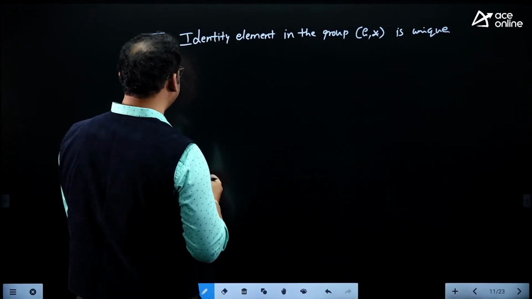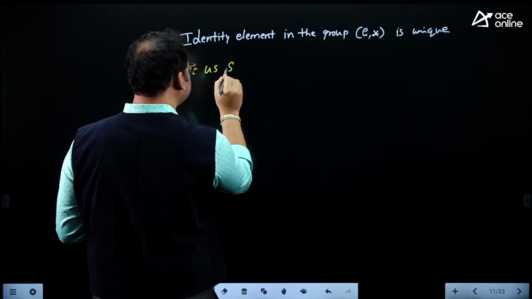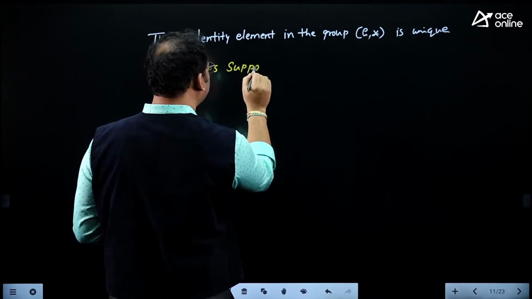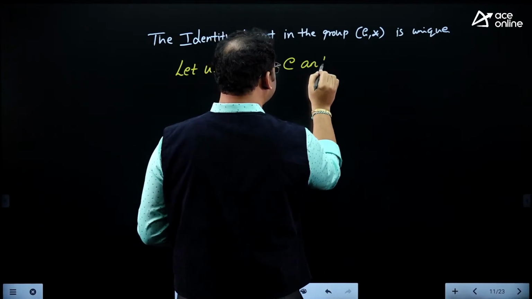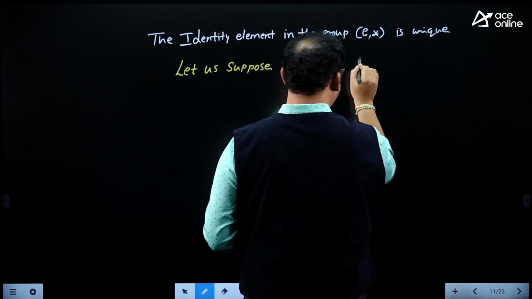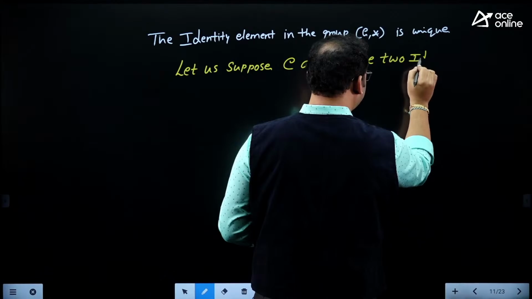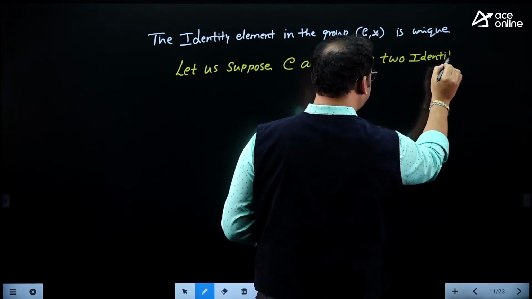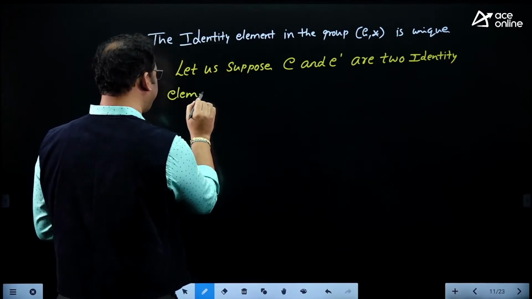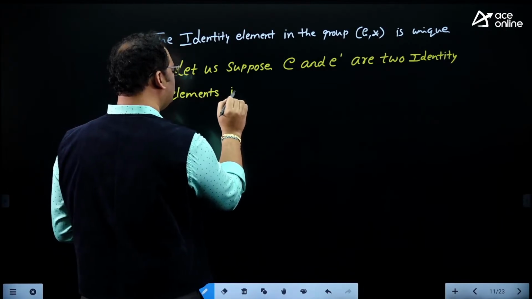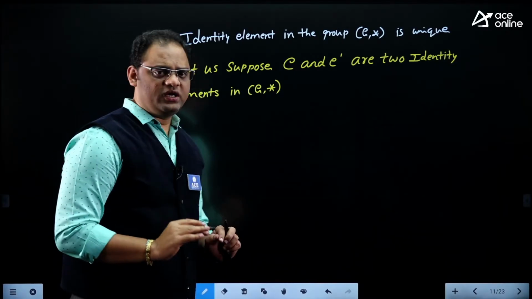Let us take something here. Let us suppose E and E dash are two identity elements in G. My dear, let us suppose there are two identity elements.